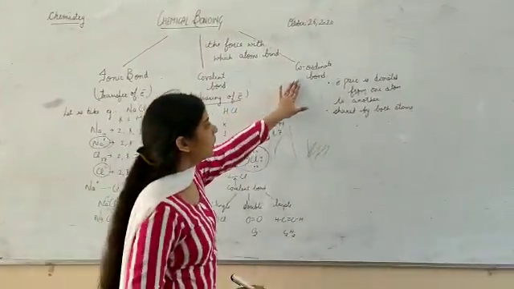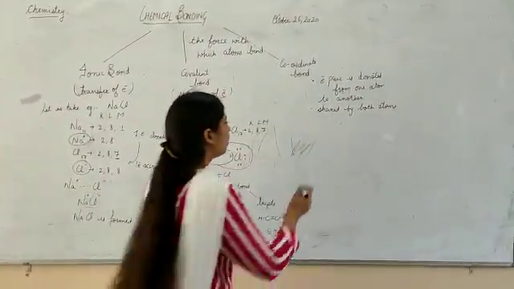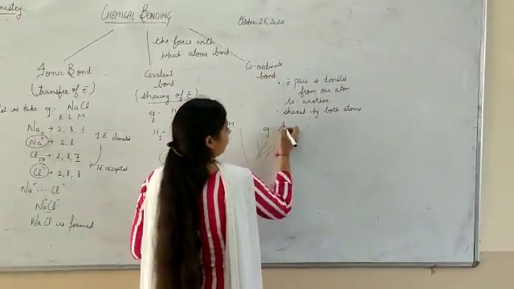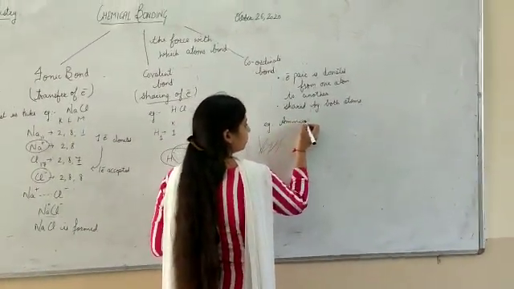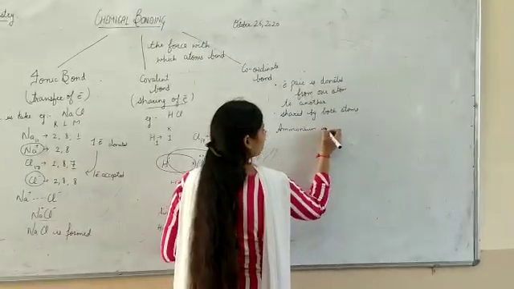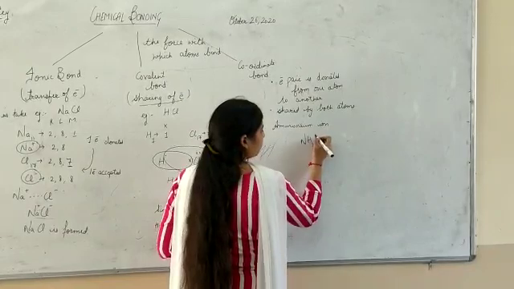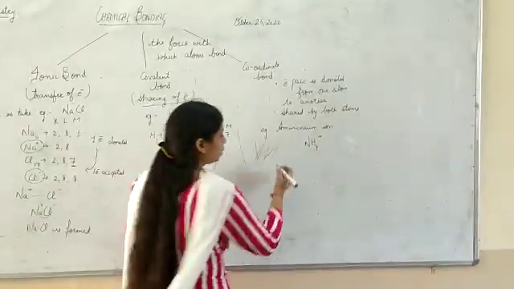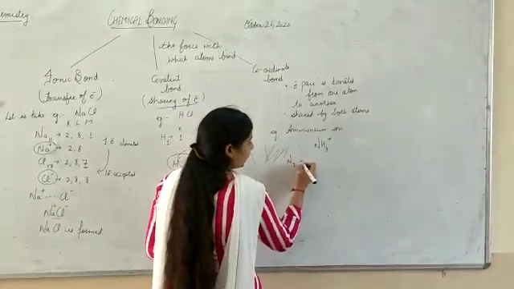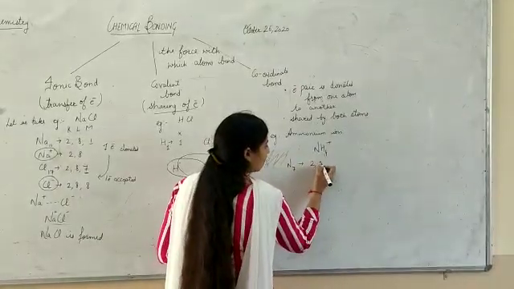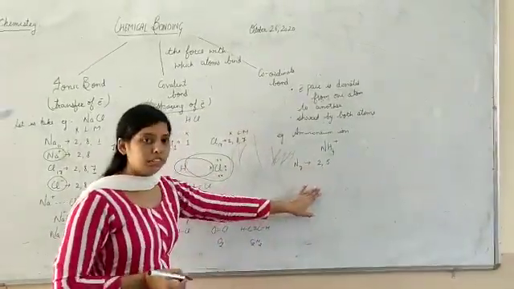Moving on to the third type, coordinate bond, we can take the example of ammonium ion. The formula is NH4 positive. Here, nitrogen is having 7 as its atomic number and 2, 5 as the electronic configuration.